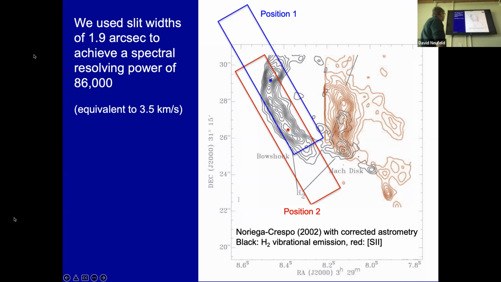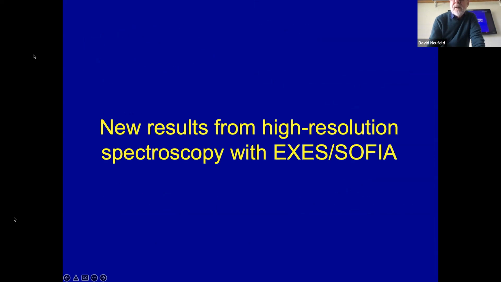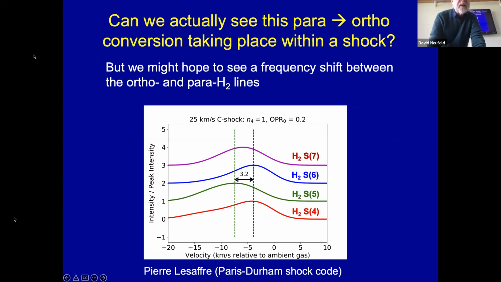If you use a small enough slit, you can get very high resolving power. So this was a resolving power of about 86,000, meaning the wavelength over the uncertainty in the wavelength is 86,000. That would correspond to a Doppler shift of just 3.5 kilometers per second, which is more or less at the level that you would need to detect this predicted shift.